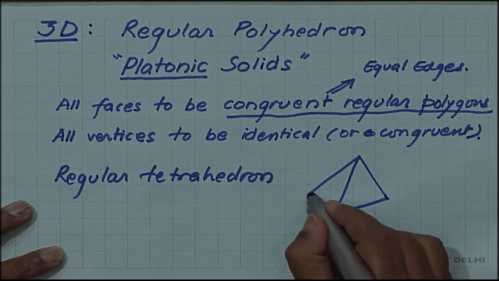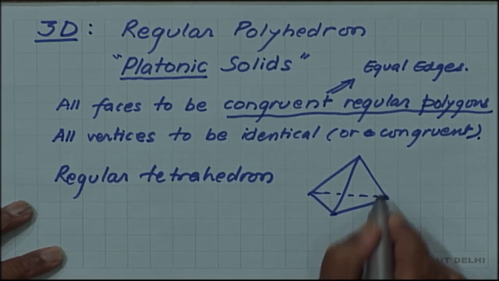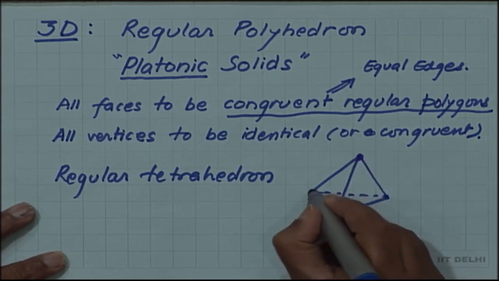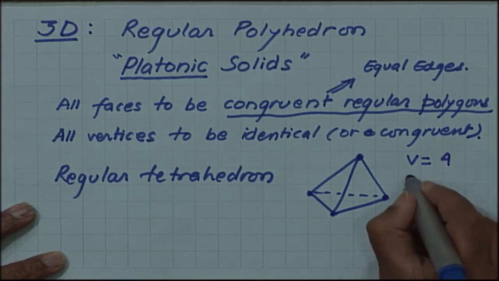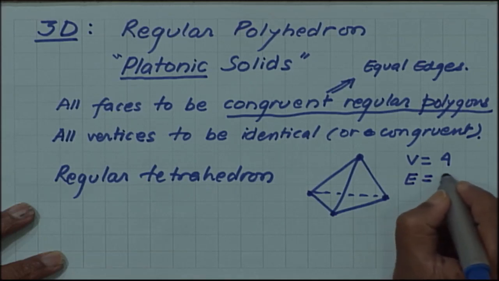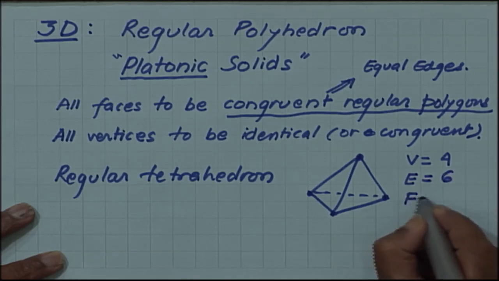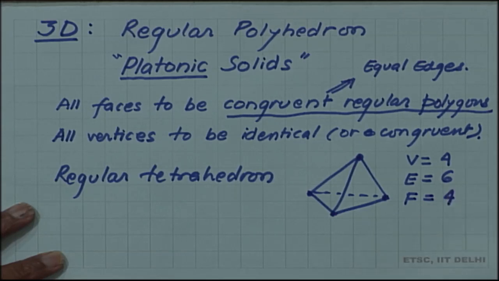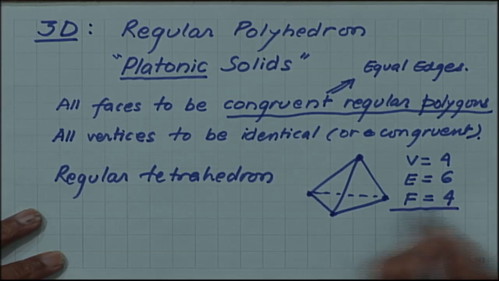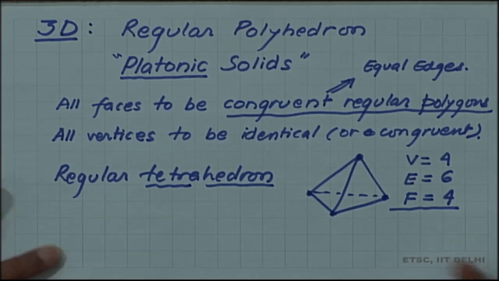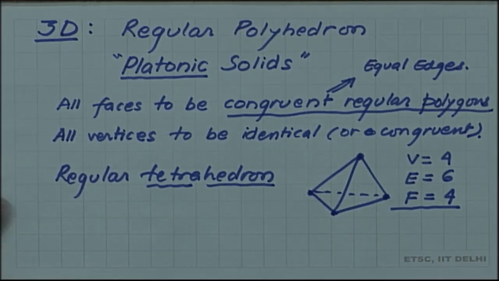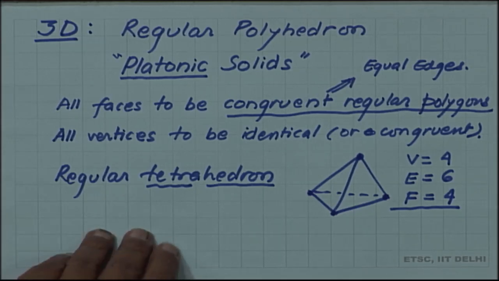It has 4 vertices, 6 edges, and 4 equilateral triangular faces, and the naming is always on face. Hedron is face, tetra is 4. So, a tetrahedron is a 4-faced regular solid.